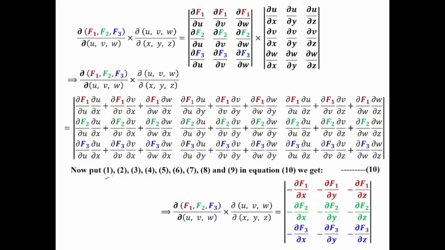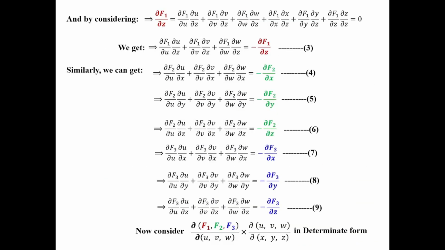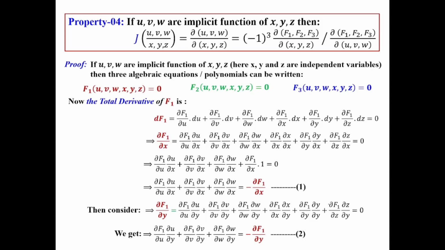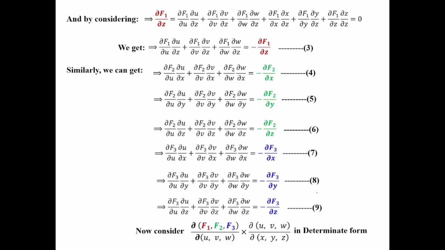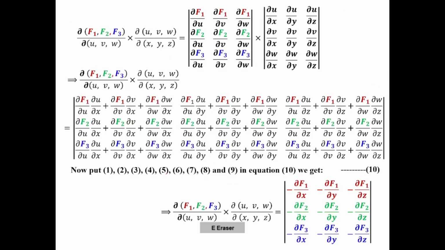Now put the values of equations 1, 2, 3, 4, 5, 6, 7, 8, 9 in equation number 10. Let this be your equation number 10. Now we have to substitute the values of equations 1 to 9 in equation number 10. Carefully watch this.